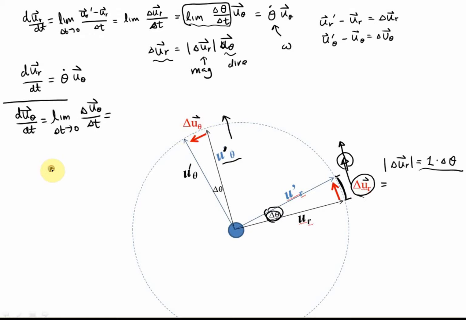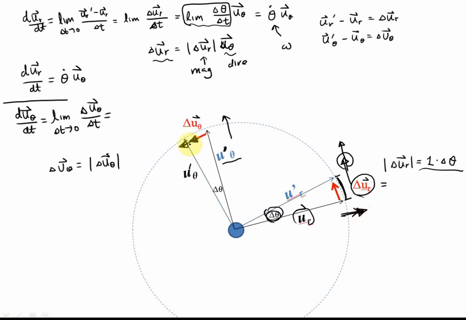We can say it is the magnitude of delta u theta, and the direction is the opposite of u r, because now the delta u r is going this way, but this delta u theta is going inside here.